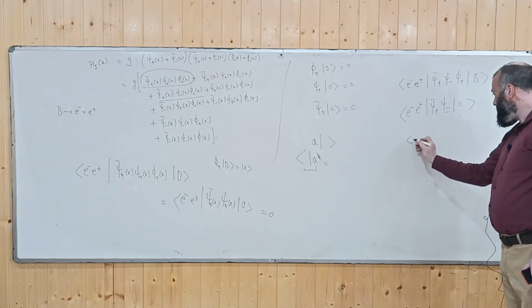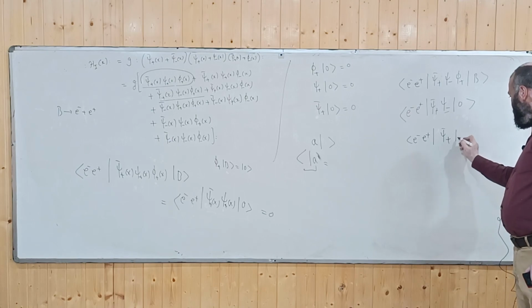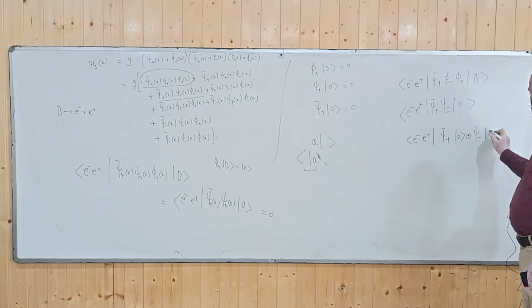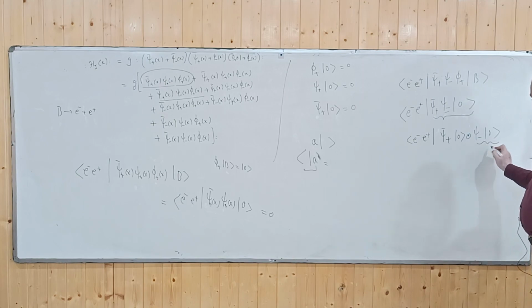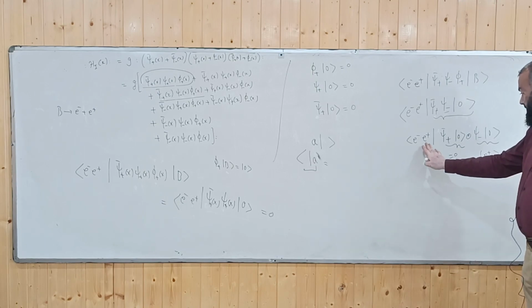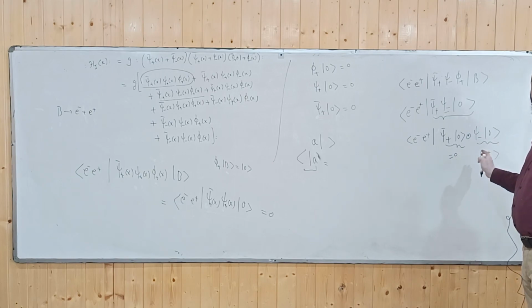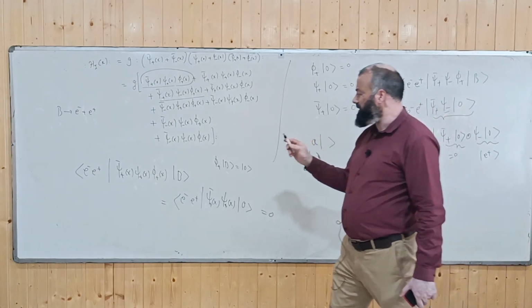So this is something like E minus E plus: psi bar plus acting on the vacuum, tensor psi minus acting on the vacuum. This object is like this because it is a two-particle state. This will give you the antifermion, let's say the positron, but this will give you 0. So this overlap becomes 0. Otherwise, you have created one antiparticle. So these terms will not contribute.